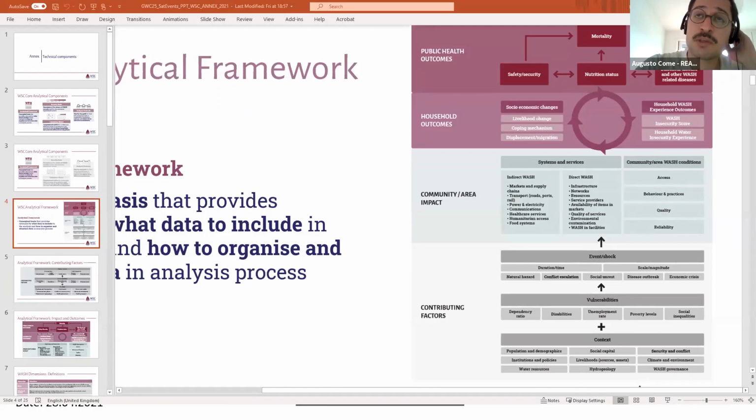And this is very important because with the IPC, one of the key objectives is, yes, obviously having very solid evidence, but also producing this joint understanding of the situation so that WASH partners in countries have ownership of this understanding and can act upon it by using the findings to inform their strategic planning.